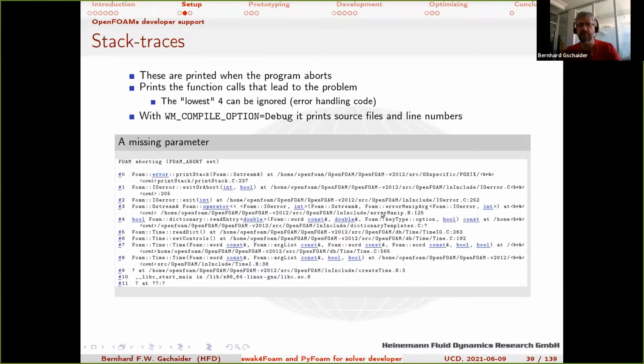Just a pat on my back. As I said, stack traces were there all the time, but one of my first patches contributed to OpenFOAM was basically to print the source file and the line number as well.